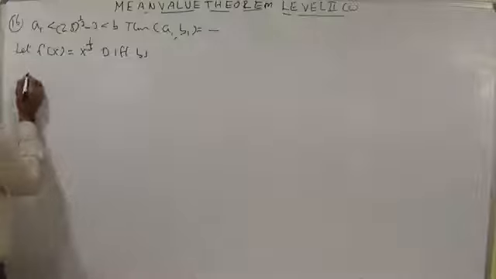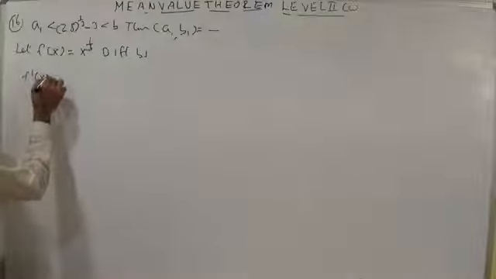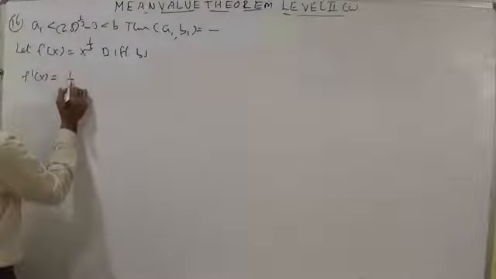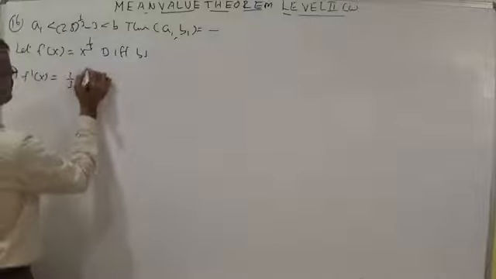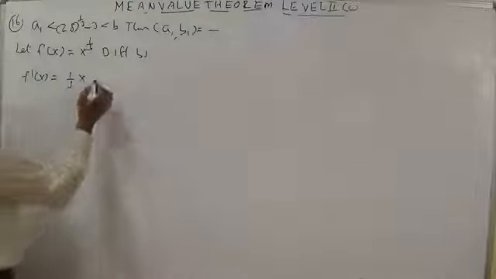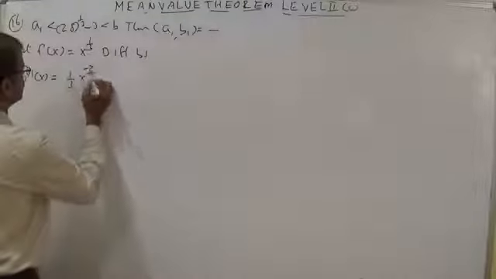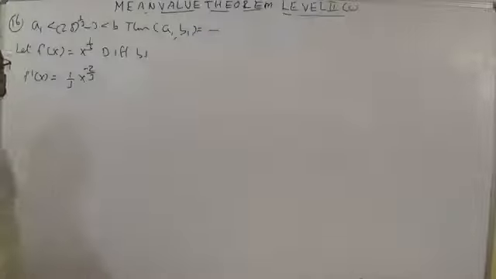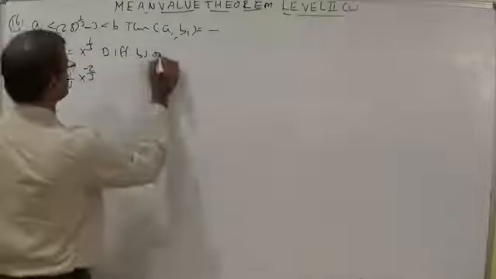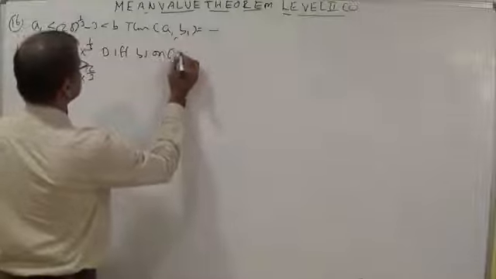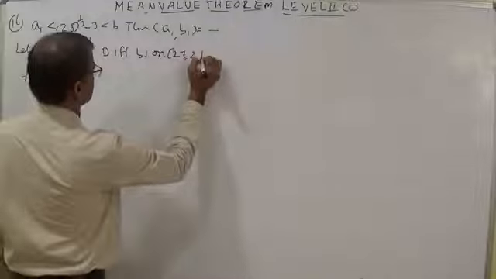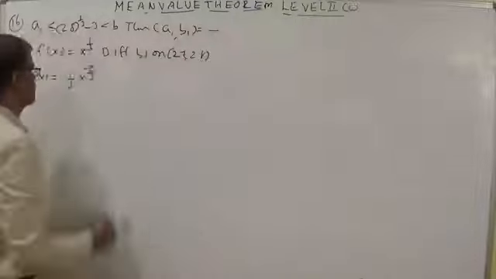f'(x) is equal to 1/3 into x power 1/3 minus 1, so minus 2/3 here, since 1/3 minus 1 is minus 2/3. I am writing it on (27, 28) because of the b minus a concept.